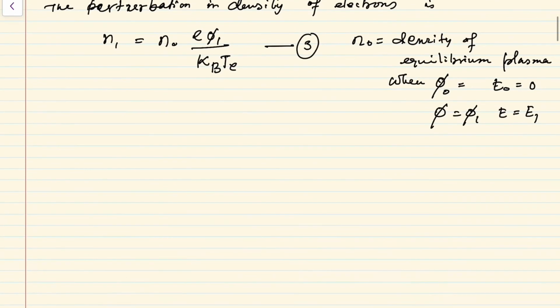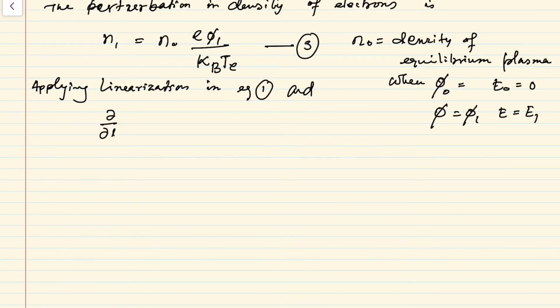Applying linearization in equation number 1, we can also replace del by del t by minus i omega, and del by i k, replacing del by del t by minus i omega and del by i k.